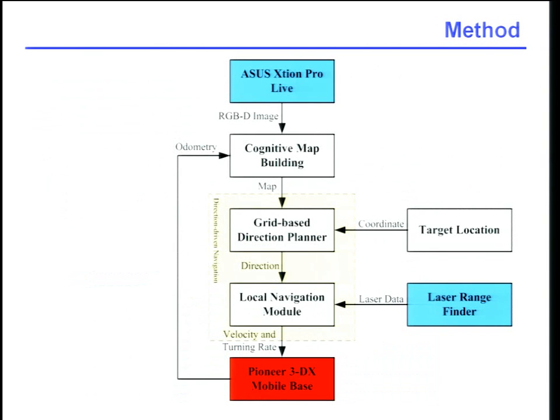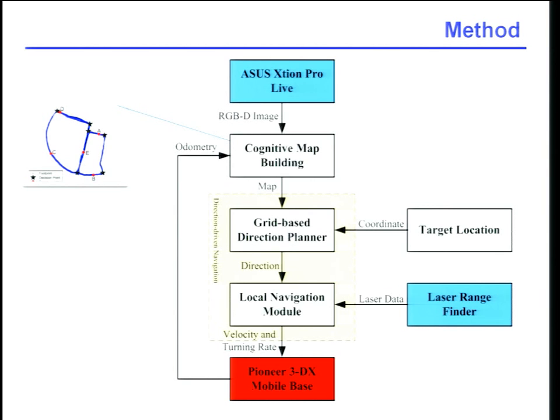Our method consists of 3 components: a cognitive map building module, a grid-based direction planner, and a local navigation module. The cognitive map is built using an RGBD-based SLAM algorithm, which takes in RGBD and odometry data and generates a graphical map of discrete experience nodes.